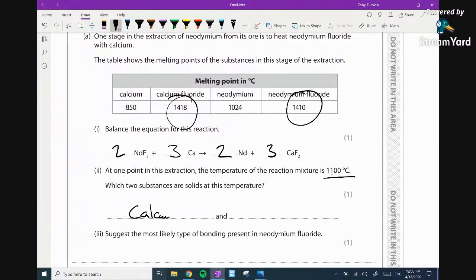So calcium fluoride and neodymium fluoride as well. And of course, you're probably going to know I've spelt it badly. Fluorine's funny, the O and the I, fluoride.